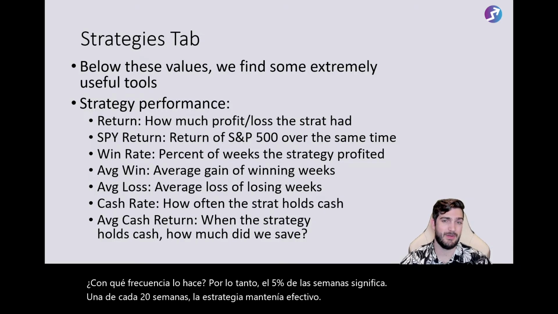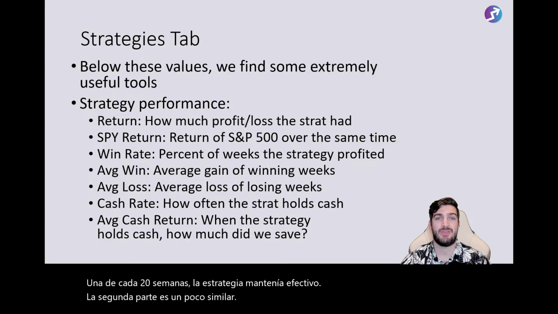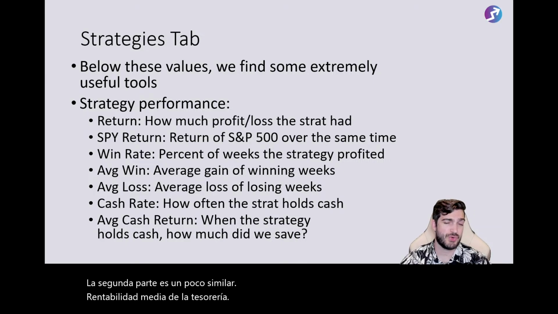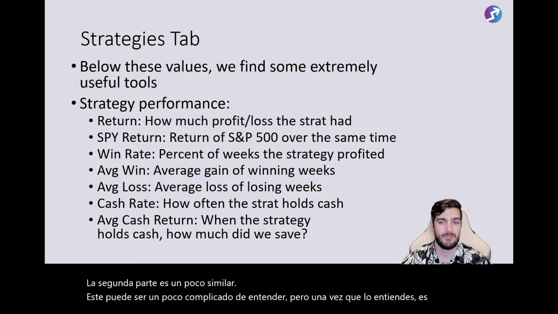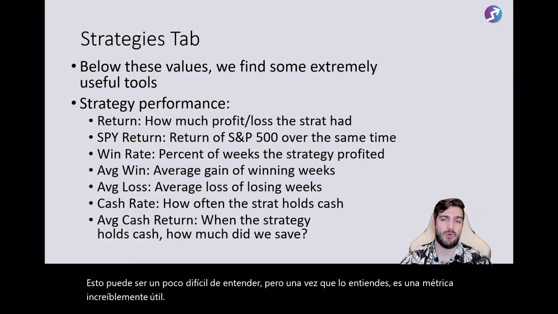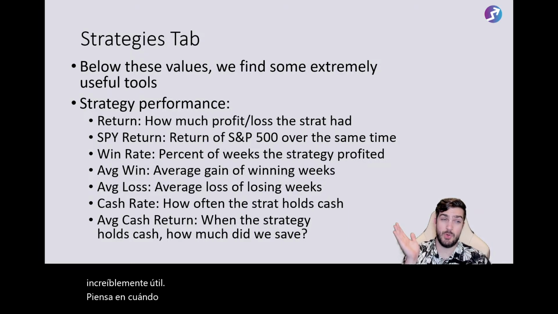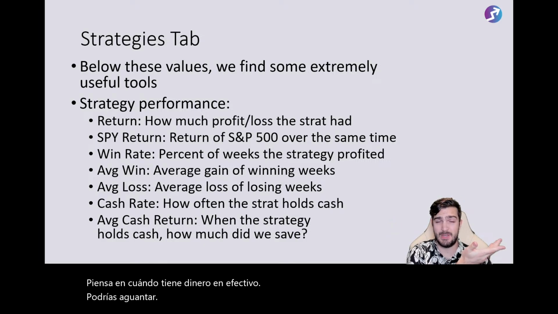Second part is a little similar. Average cash return. This one can be a little tricky to understand, but once you understand it, it is an incredibly useful metric to have. Think about when it holds cash. You could hold cash, or you can invest in SPY. There's always that option.